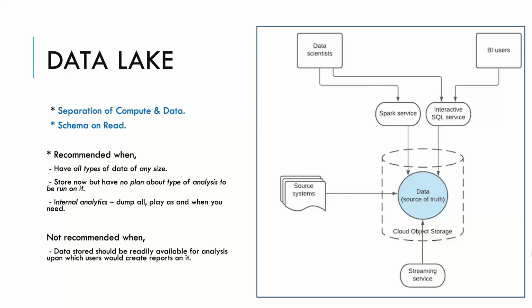Let's imagine that there is a table with 100 columns. In those 100 columns, 1 to 50 are needed by data scientists, and 51 to 100 are needed by BA users. So while it's being queried, the data scientist will create a table with columns 1 to 50. Similarly, the BA user will create a table with columns 51 to 100. So this is what I mean by schema on read.